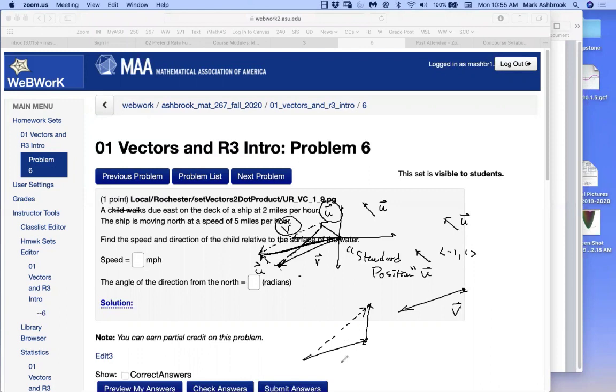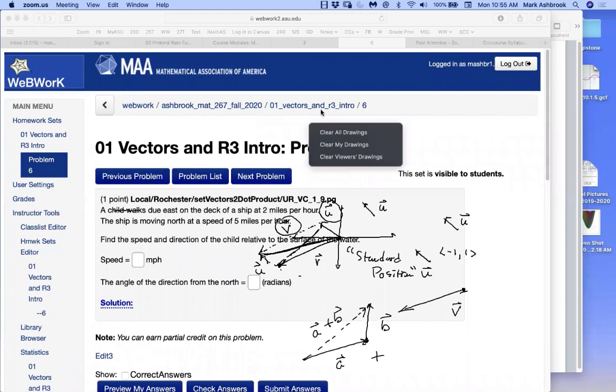So that's addition. A first, then B. Where you ended up at the end of A, you want to start with B. And then the one vector that does both those in succession is A plus B. Subtraction is a longer discussion, so go back and review the video from Friday. Okay, so let's look at a different one here.